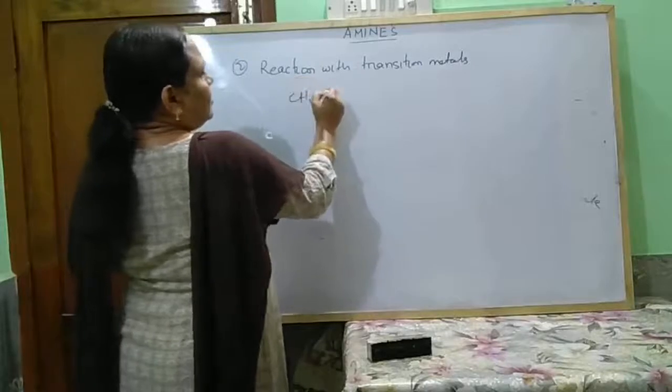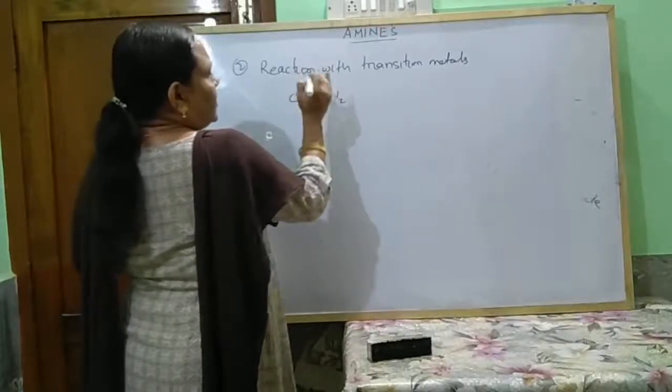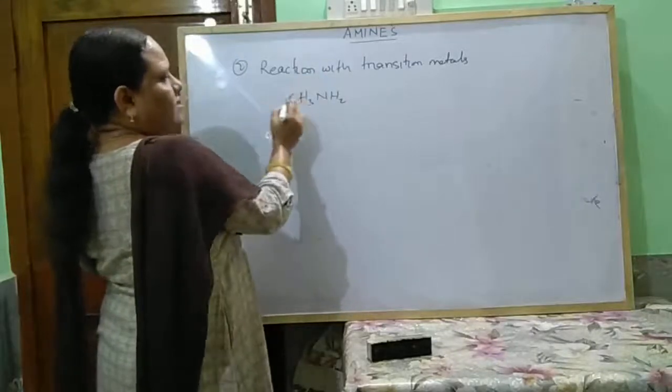For example, CH3NH2 forms a coordinate bond with a transition metal.